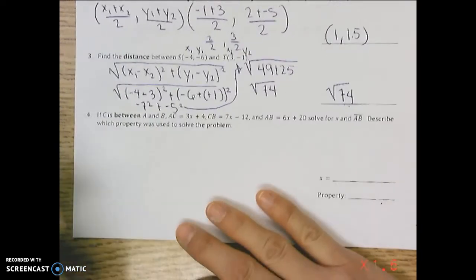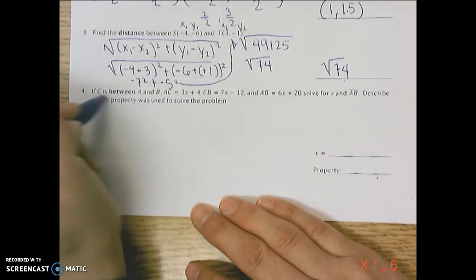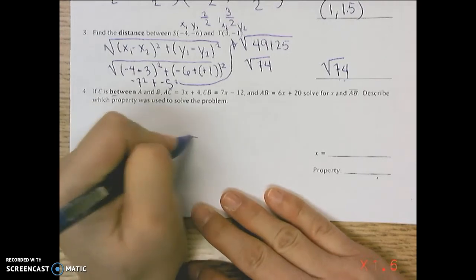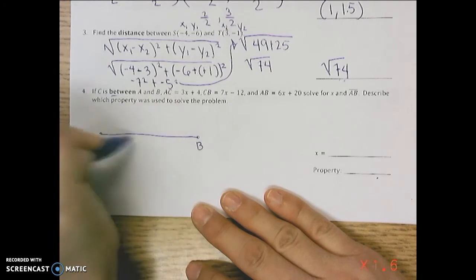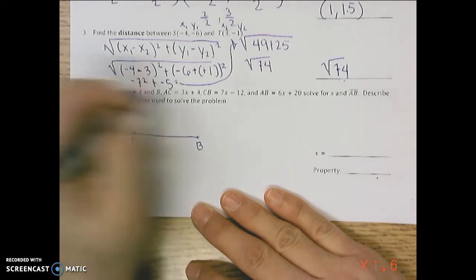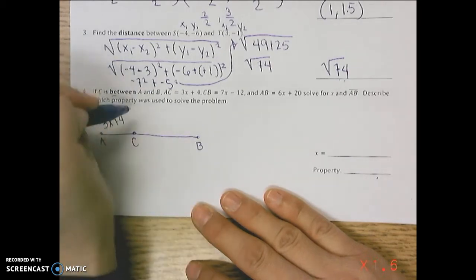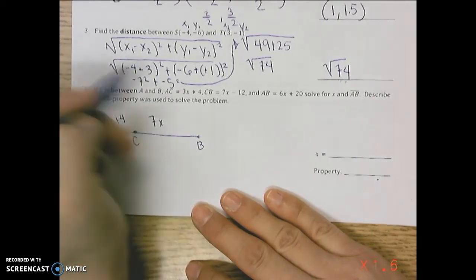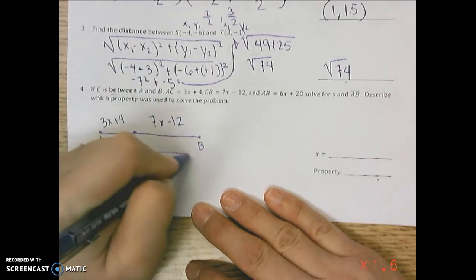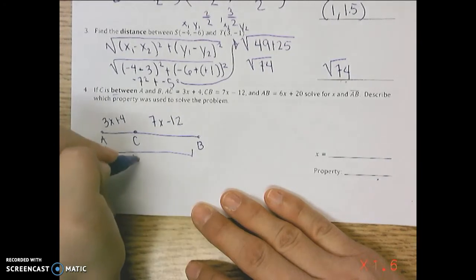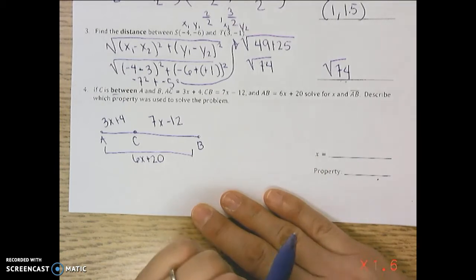All right. Now we move down to problem number 4. It says if C is between, it doesn't say anything about it being a midpoint. So if C is between A and B, and AC equals 3x plus 4, and CB equals 7x minus 12, and AB, the entire segment, equals 6x plus 20, find x and AB.